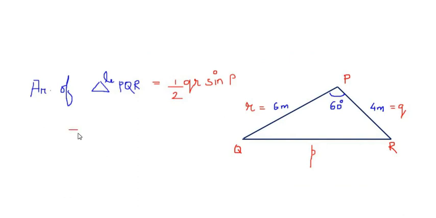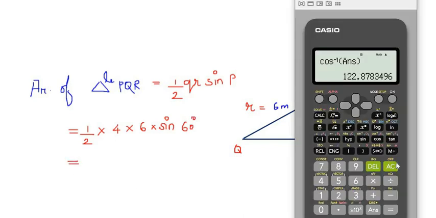So here we just write it as half times q is given as 4 times r is given as 6 times sine of the angle between the two sides, sine 60 degrees. So let us check how much we get in the calculator. I'm going to multiply all the numerators first.